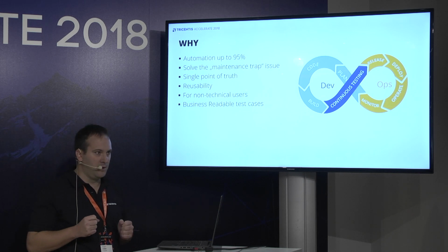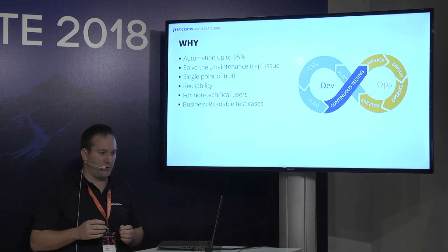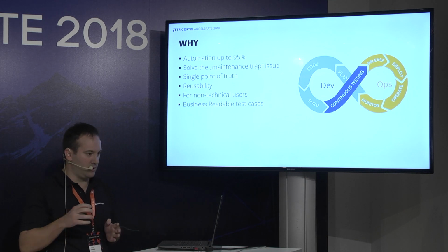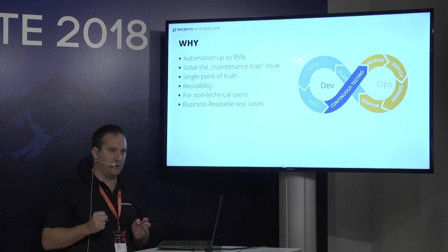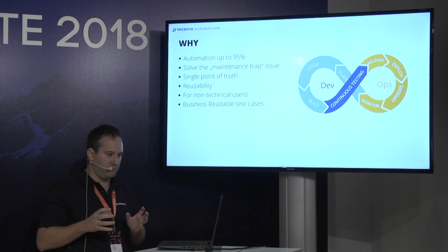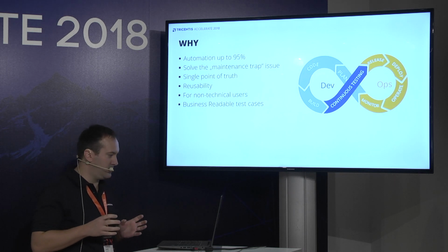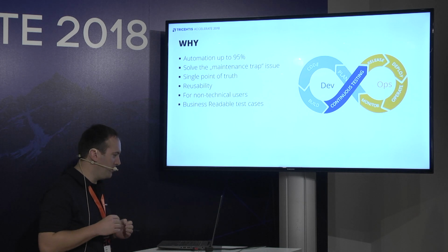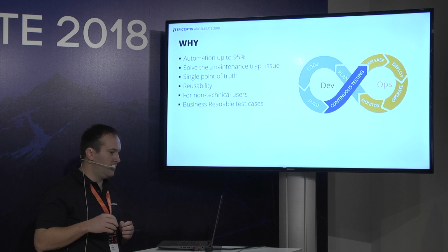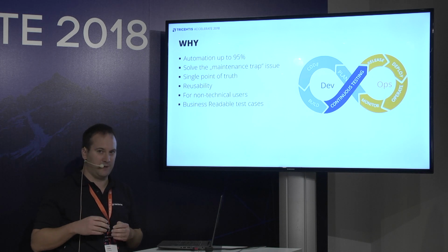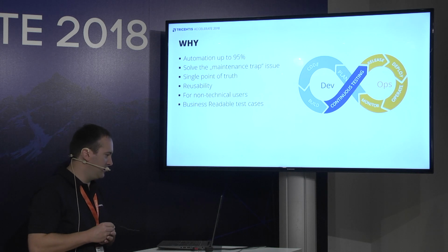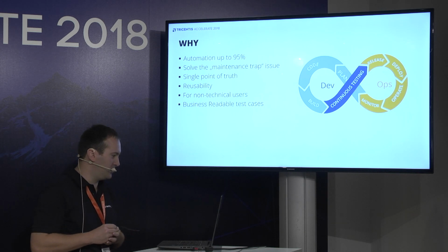Maintenance trap means when you use a test automation framework where you are required to code scripts to run test cases, it can get a bit bulky, difficult to maintain, and in the end you will not be able to scale. But with the model-based approach, you can scale, you can create test cases faster, automate more, and then reach such a figure of 95% test automation rate.